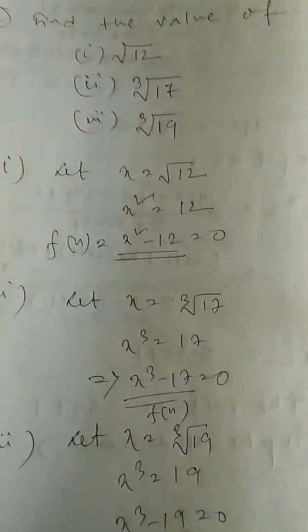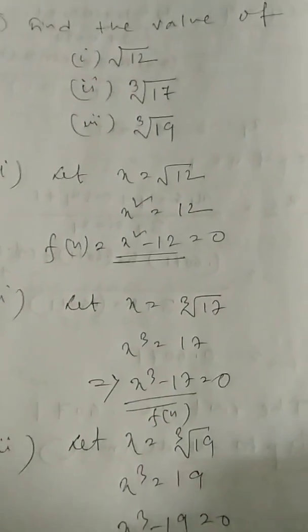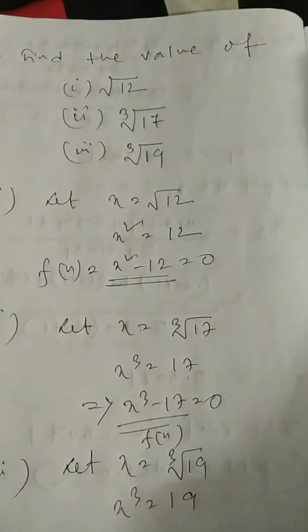So here the function is f of x equals x square minus 12.